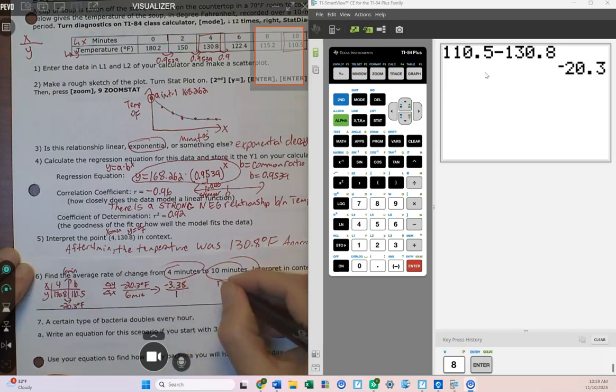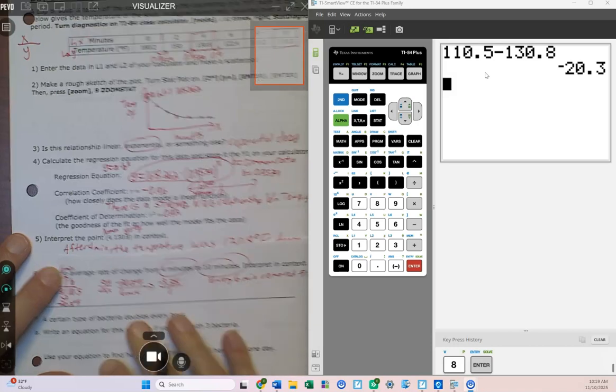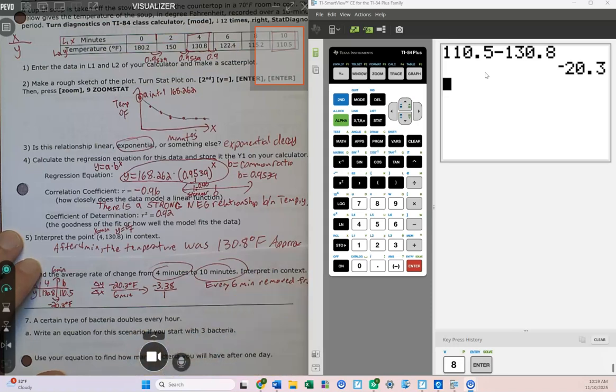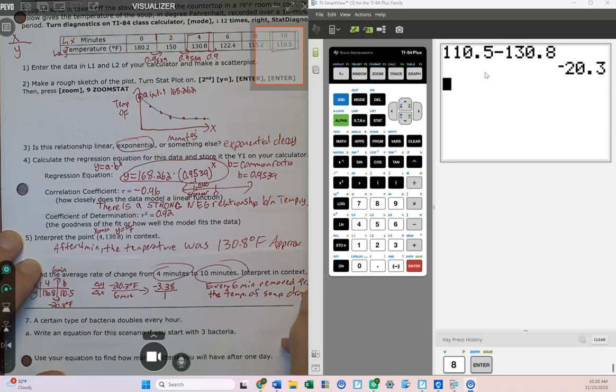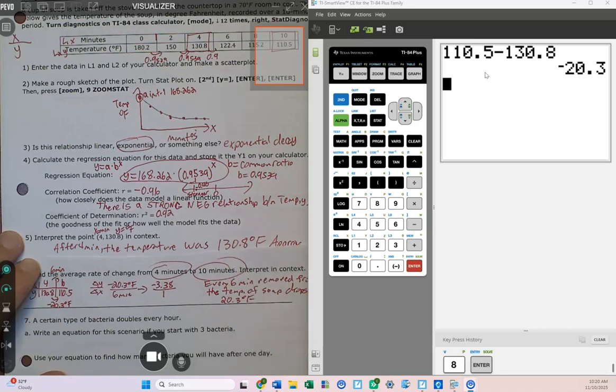This means every 6 minutes, removed from the stove, the temp of soup drops 20.3 degrees Fahrenheit. Oh, I can't remember in the video if we went and looked at the regression equation.